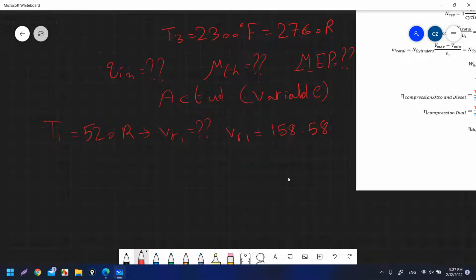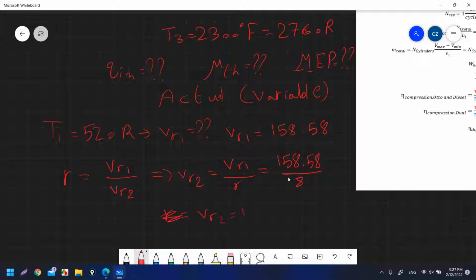Then I will use R equal to VR1 over VR2. So VR2 is equal to VR1 over R, which is 158.58 over 8. So VR2 is equal to 19.823.